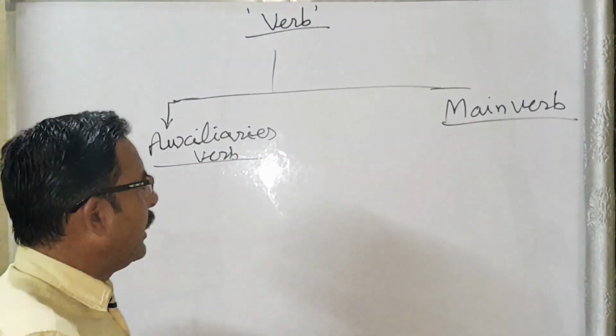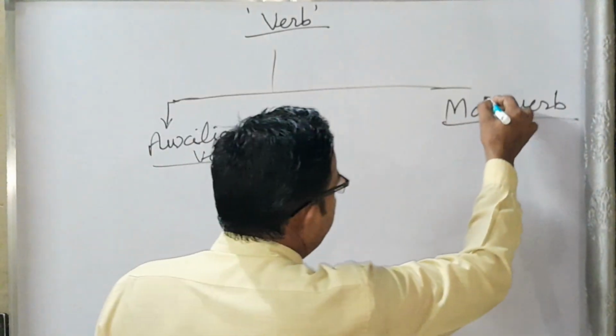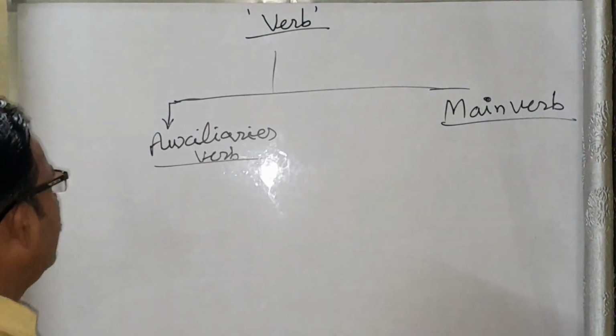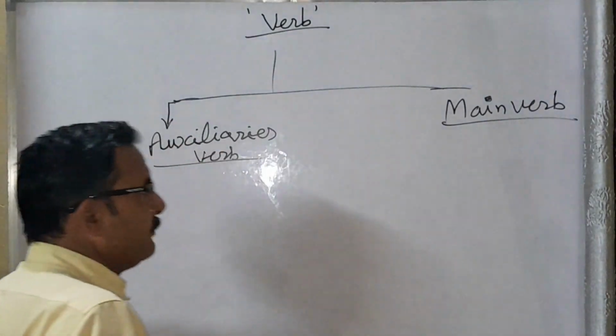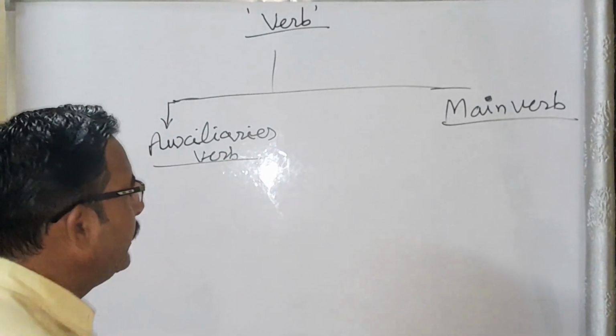Auxiliary verbs are also called helping verbs. And the main verb does the action and changes its form in accordance with the subject and the number of the subject.